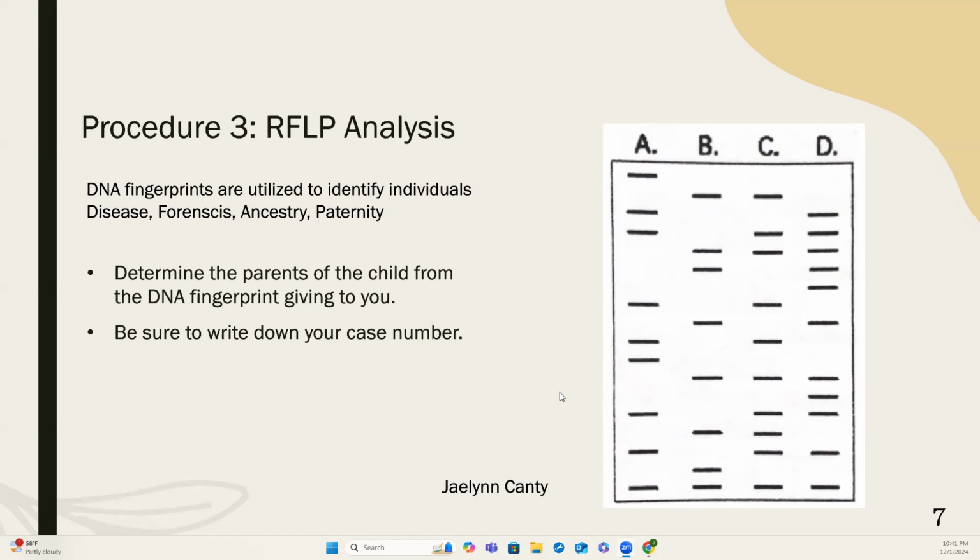Researchers use this technique to help with medical research as well as forensic investigation, and as you will do for this lab, a paternity test. In this lab, you will be given three mother DNAs and three father DNAs, and you will use them to determine who are the parents of the child DNA that is provided.